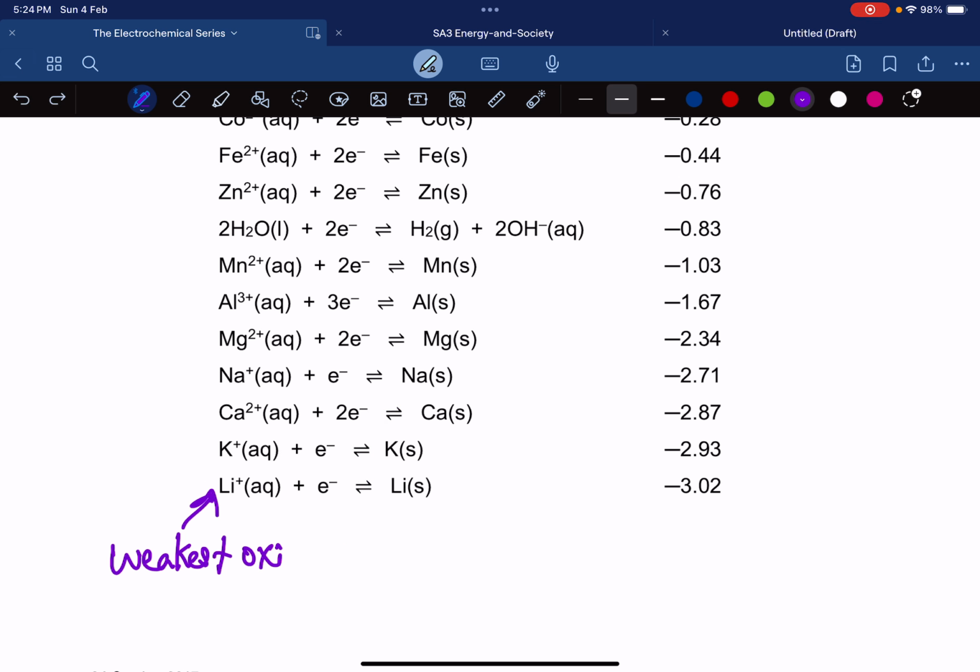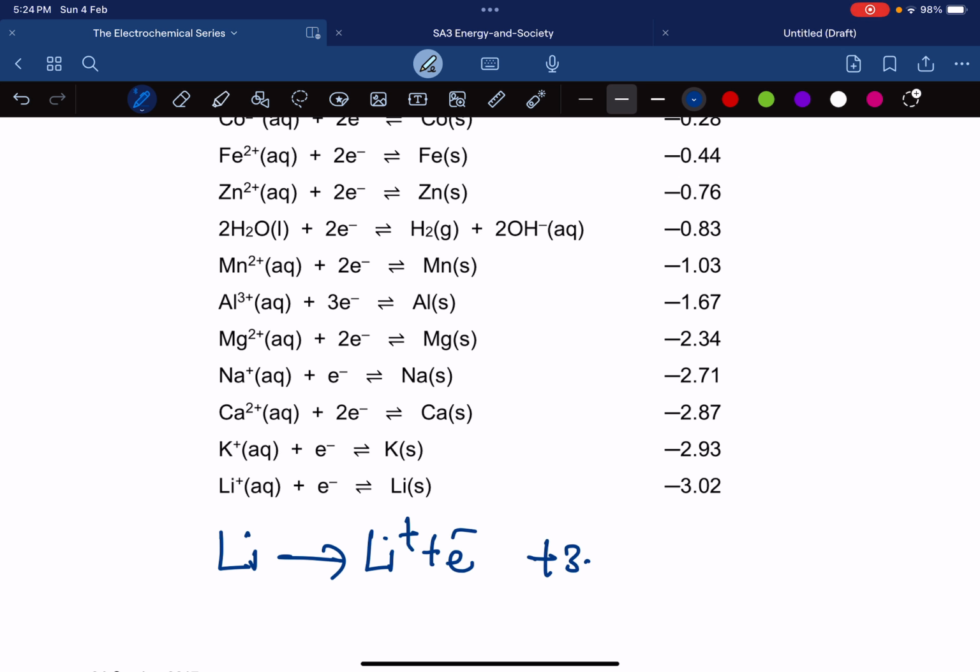So what does that mean? It means that if we look at the same equation in reverse, let's say lithium goes this way, positive 3.02 volts. That means lithium metal absolutely loves to lose electrons. The ion, his partner, hates to pick electrons up, but the metal loves to lose electrons.